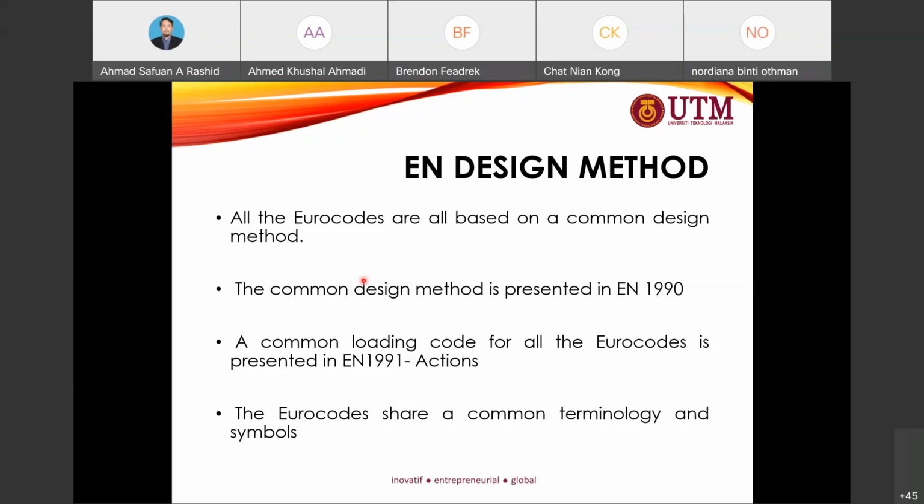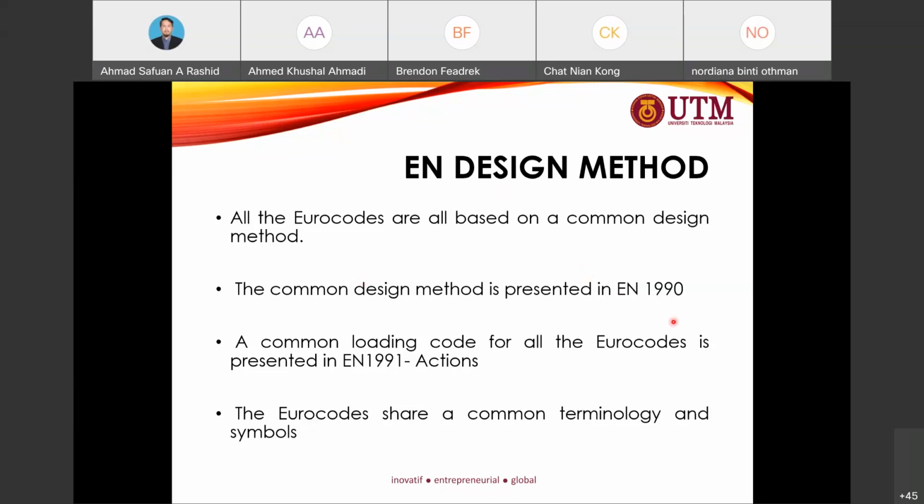But here in Eurocode, our output is to determine what the factor of safety is. Based on our calculation, we may have a result for the factor of safety. As long as it is more than 1, it is satisfied with the Eurocode design.